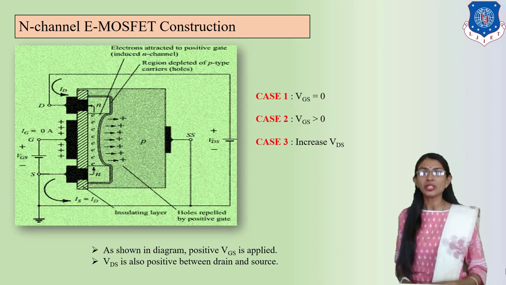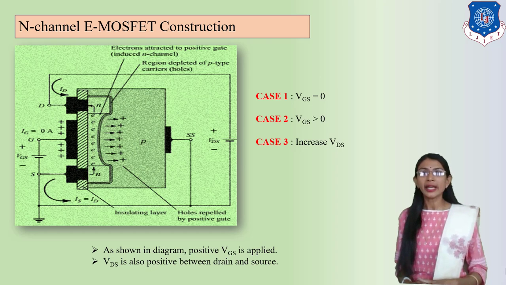Look at this, on the left hand side is the input side, that is VGS. The positive battery terminal is connected to the gate, and the negative battery terminal of the VGS is connected to the source terminal.